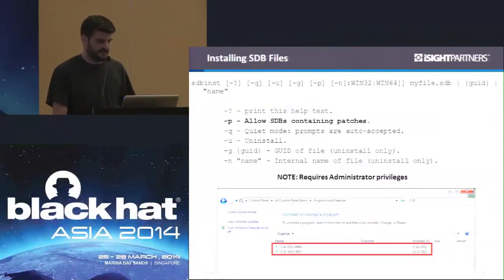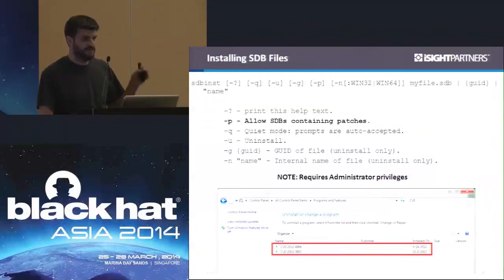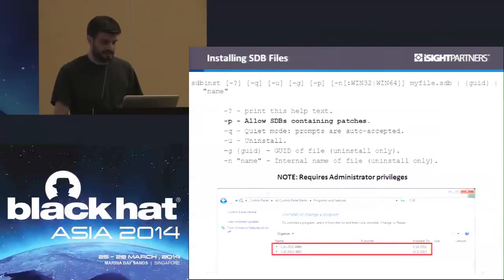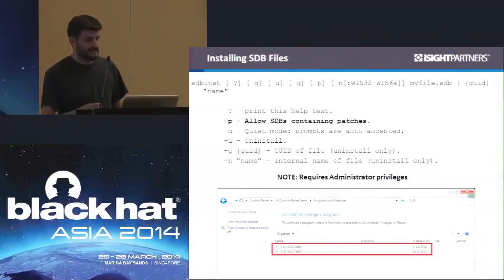And this tool allows you to install STB files via this mechanism, whether they're STB files that you create using the application compatibility framework or toolkit, or ones that you download from Microsoft. You have to use the -P option when the STB file contains in-memory patches. You have to be administrator to run this tool, and we'll talk about why later.